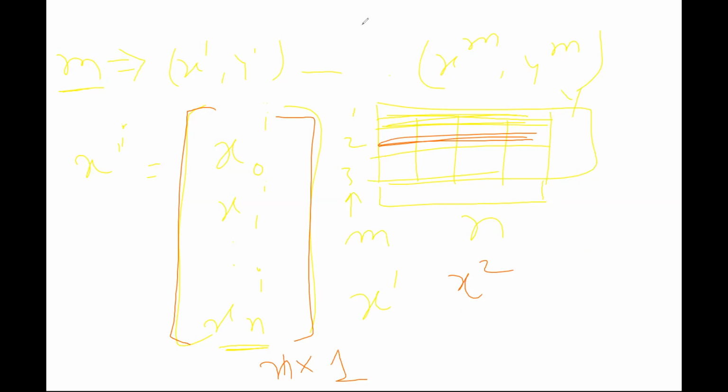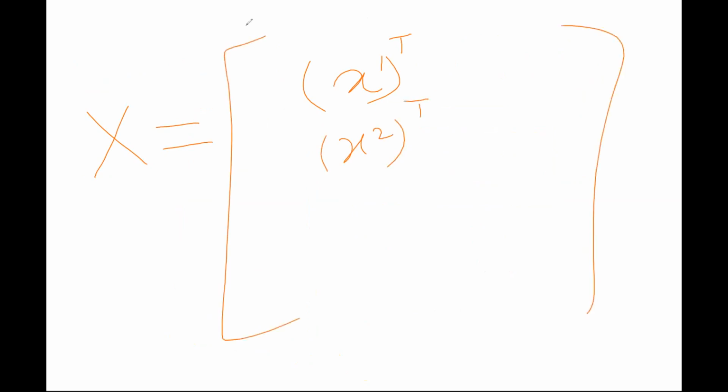To write the complete matrix, we write it as x1 transpose, then x2 transpose, then up to xn transpose. This is called the design matrix.